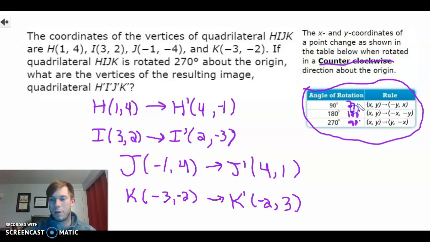Clockwise is not very common, but if you were going clockwise, it would just go the opposite way. So if you want to make a little note, this is counterclockwise, and regular clockwise would be just the opposite way.